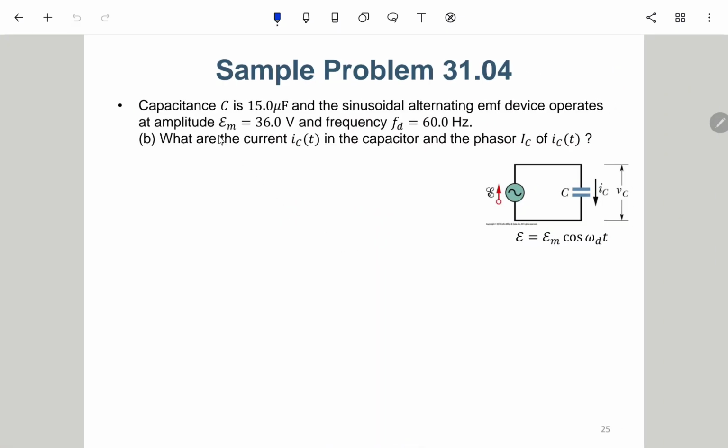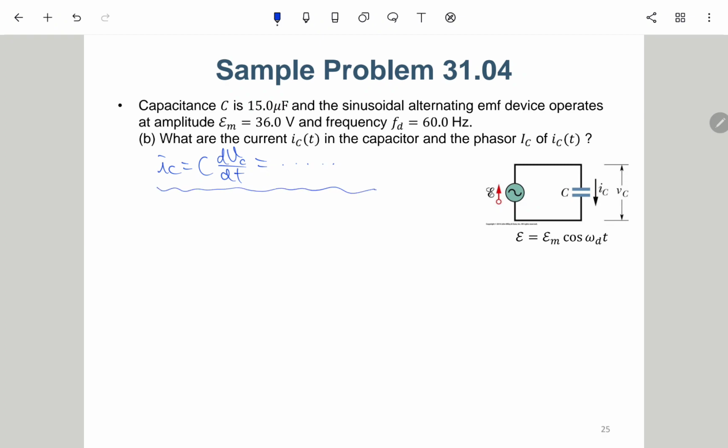For the next part, what is the current IC in the capacitor and the phasor IC? If you don't want to play with the phasor, you can also use IC equals C dVC/dt, and you will get the same answer.